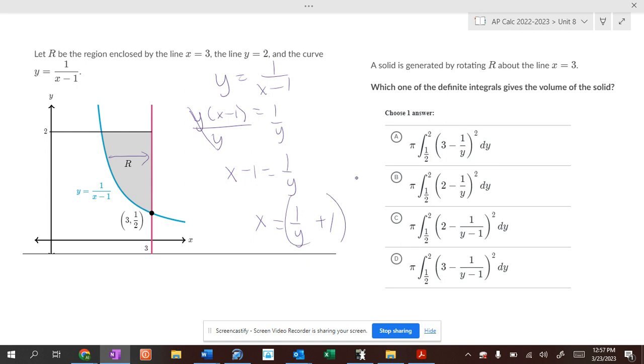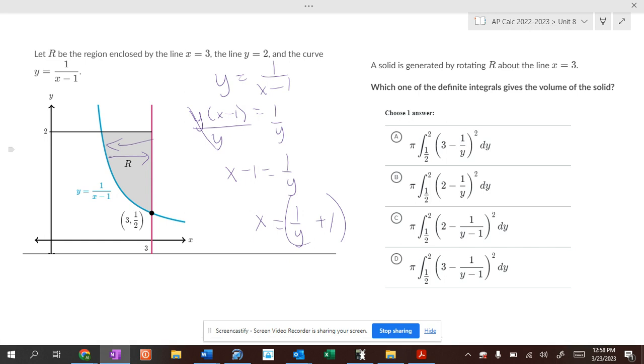And then what I have to do now is take the one that's furthest away from the x-axis and subtract. So 3 is further away from the y-axis. It's the outer minus the inner.